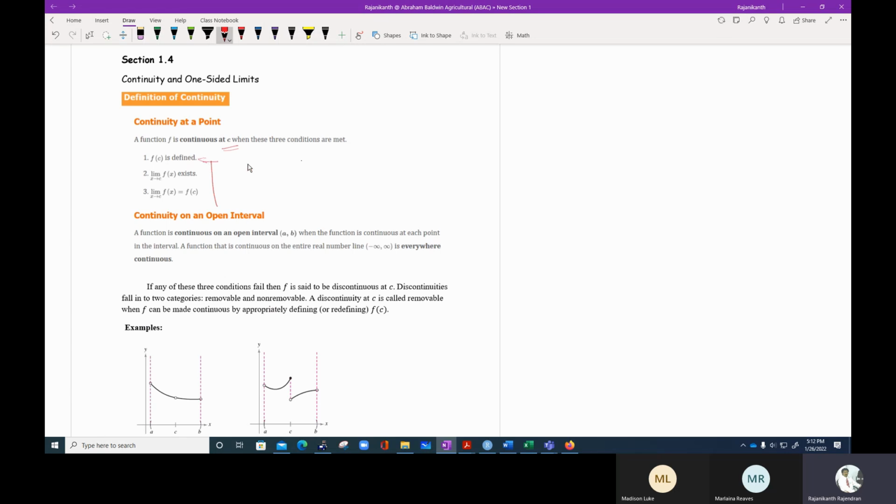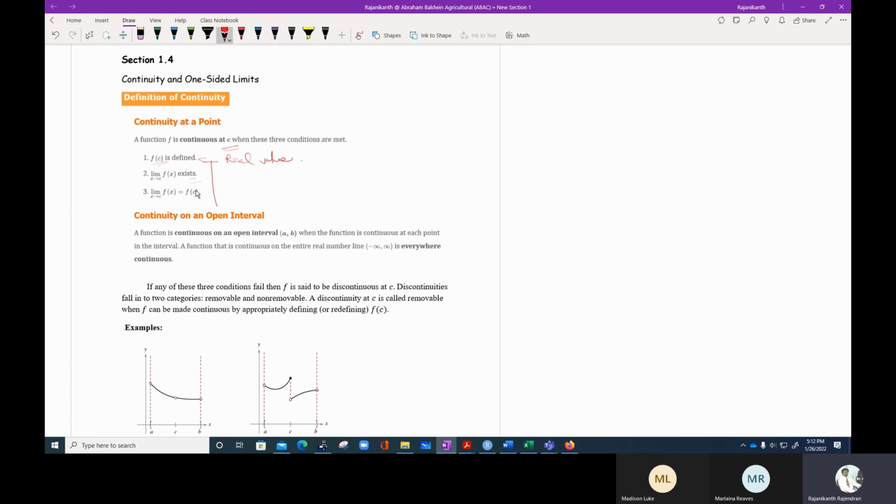Defined means the function should have a good, real value at that point. Okay, the function should be defined at C. The second condition is there should be a limit for the function. Limit should be there. Okay, so that is the second condition. The third one, the limit you got in the second part and the function value in the first part should be equal with each other.